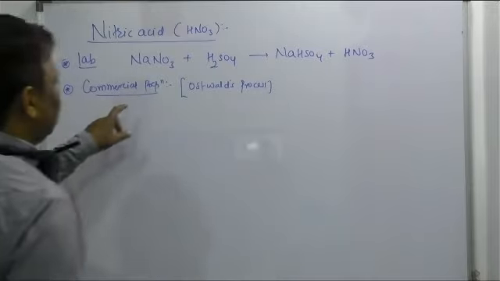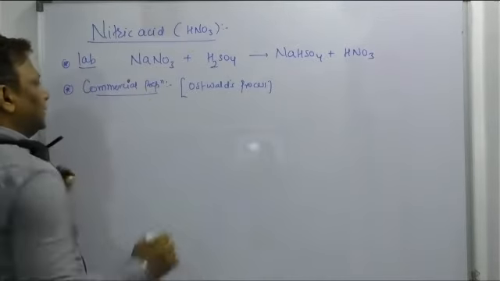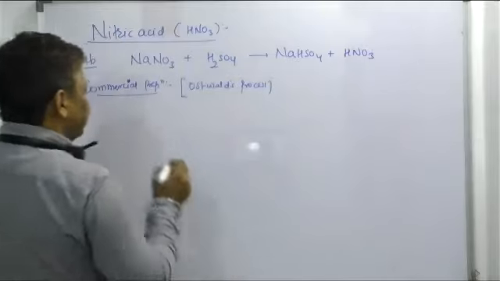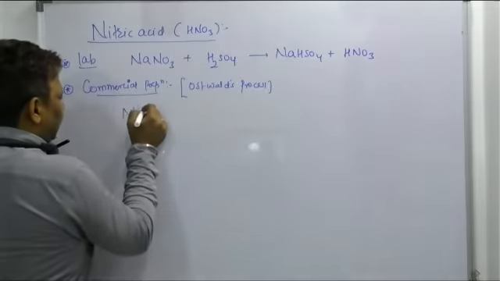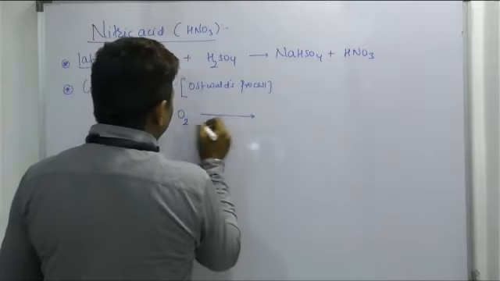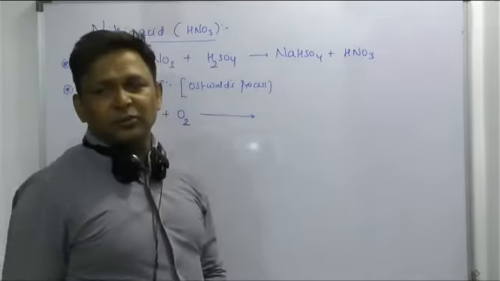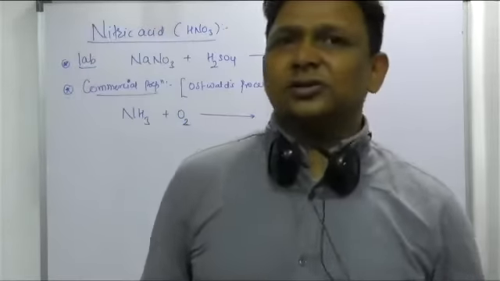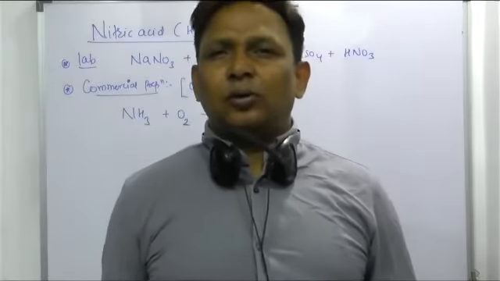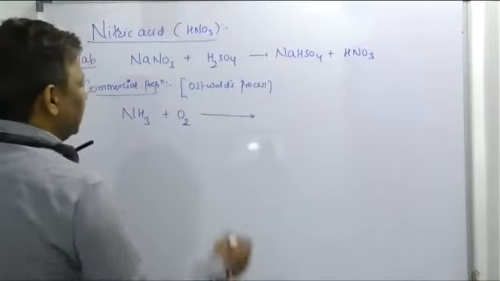Now, the Ostwald process is a method to prepare nitric acid. For that, the first step is oxidation of ammonia. Oxidation of ammonia can be done in presence of platinum or rhodium as a catalyst, right, beta?